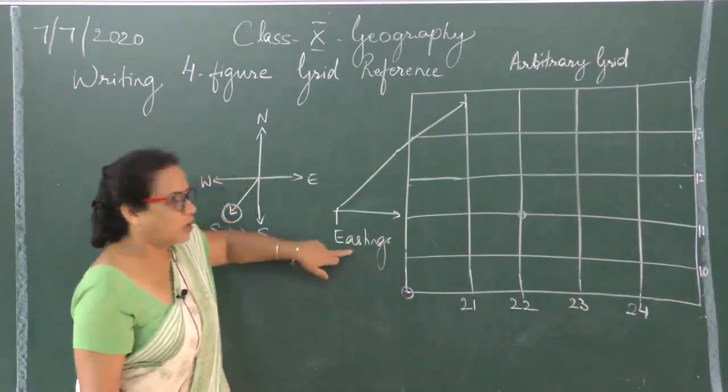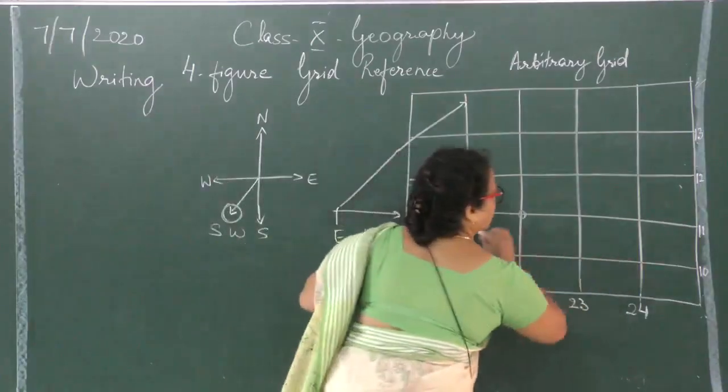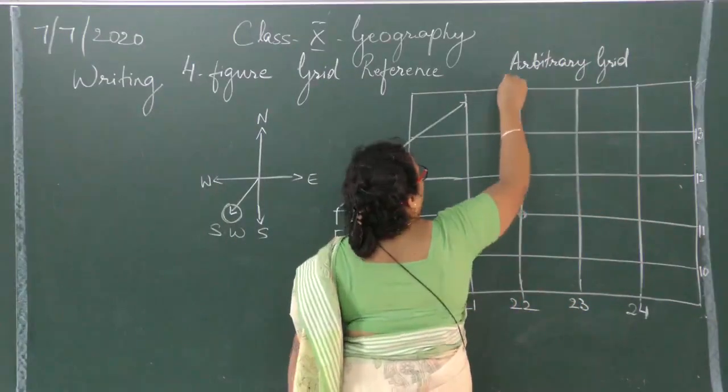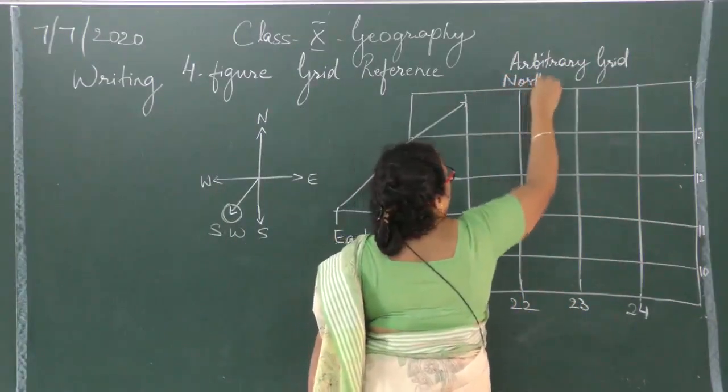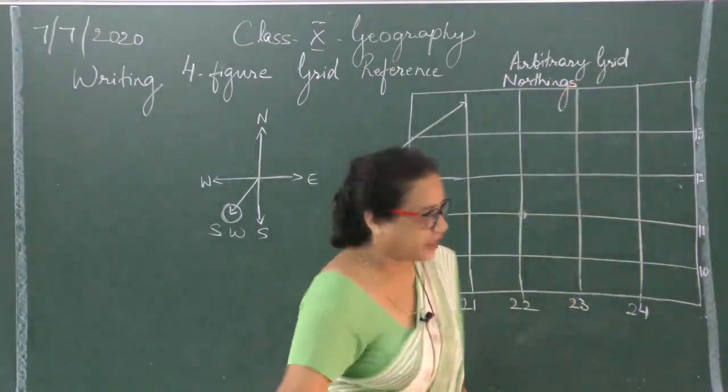That is why they are called eastings. Okay, and these horizontal lines are all located north of the point of origin. They are called northings.